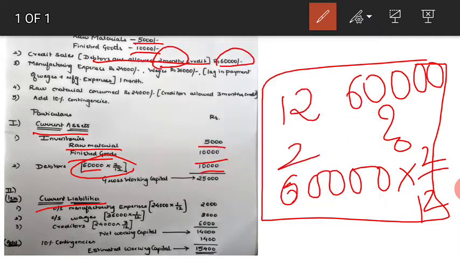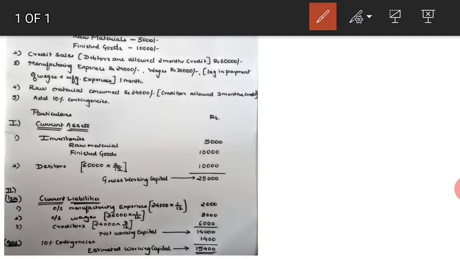So we are done with all the current assets, that is raw material, finished goods and debtors. There are no other current assets mentioned. Once we get all the current assets, we take the sum of current assets to get the gross working capital. So 5,000 plus 10,000 plus 10,000 gives you 25,000. So 25,000 becomes your gross working capital.